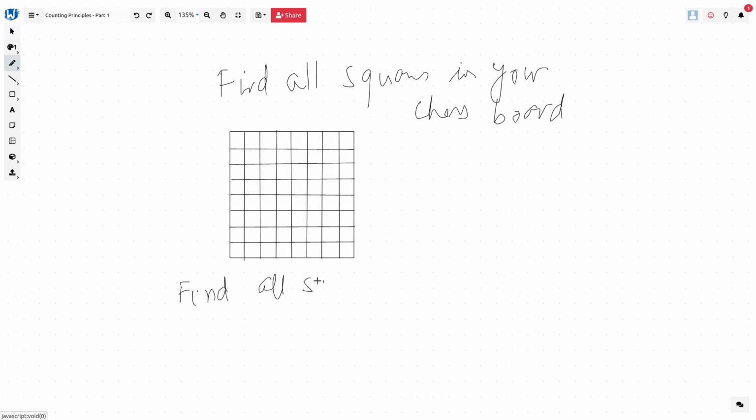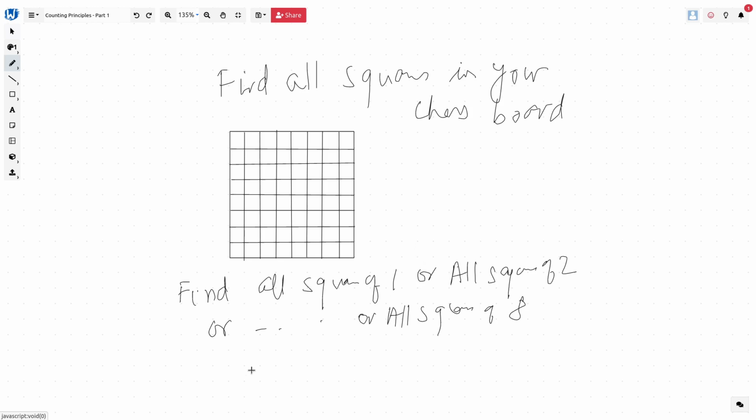all squares of 1, or find all squares of 2, or similarly all squares of 8, right? Because we have to count all squares of 1, all squares of 2, all squares of 3, and henceforth.